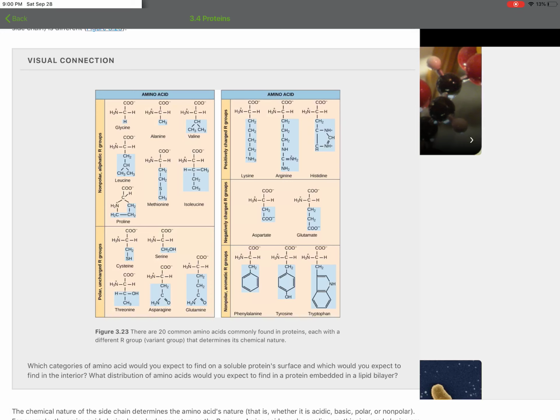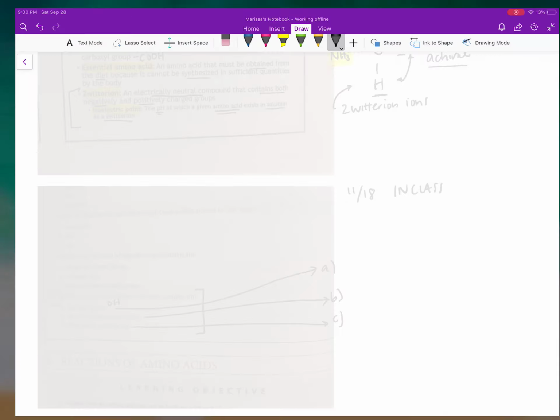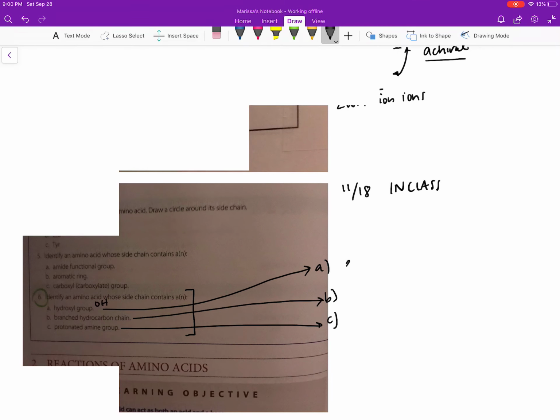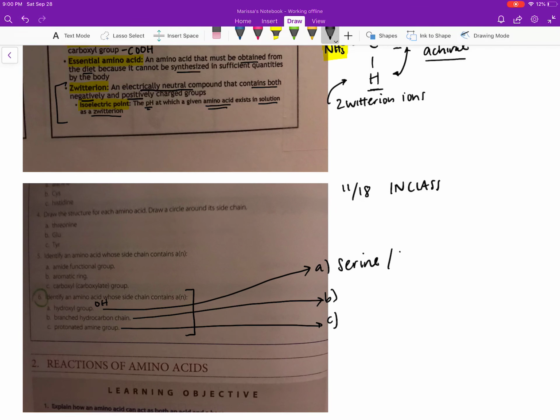So I'm going to say serine. You could also say, if you look on the bottom right hand side, tyrosine, which has the OH group, it's the middle one on the bottom right. So we could say serine or tyrosine.